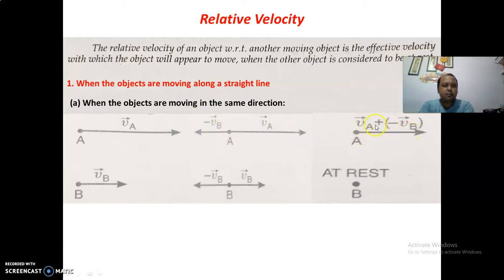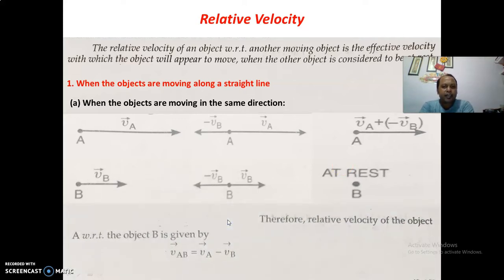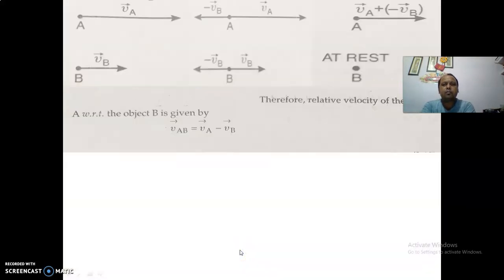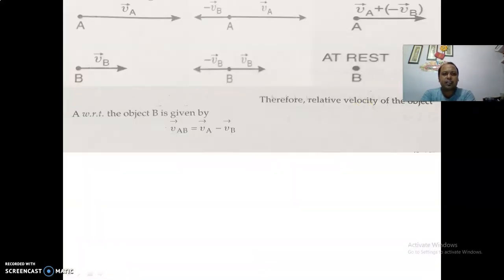So when we write the relative velocity of A with respect to B, this value has to be written, which is vector VA minus vector VB. So VAB, that is the relative velocity of A with respect to B, is vector VA minus vector VB. Now let us understand it more clearly.